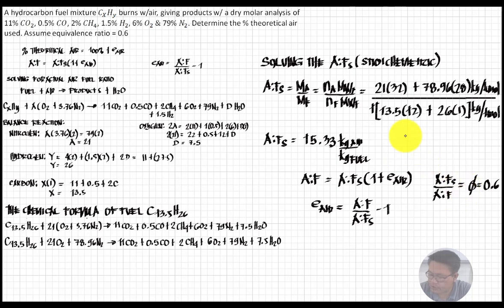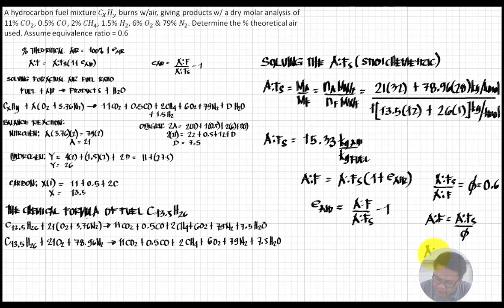Since we have already the stoichiometric, we can rewrite this as our actual air fuel ratio. So that will be equal to stoichiometric air fuel ratio divided by the equivalence ratio.